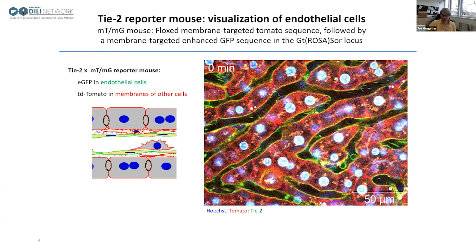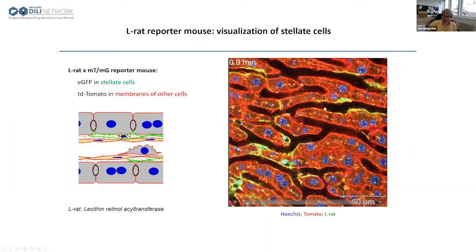And what is also needed are reporter mice. But today, reporter mice which show fluorescence of all relevant cell types of the liver are commercially available. So just to give you some insight, this is a type 2 reporter mouse, which visualizes the endothelial cells. You can see them here in green. Or here the stellate cells.